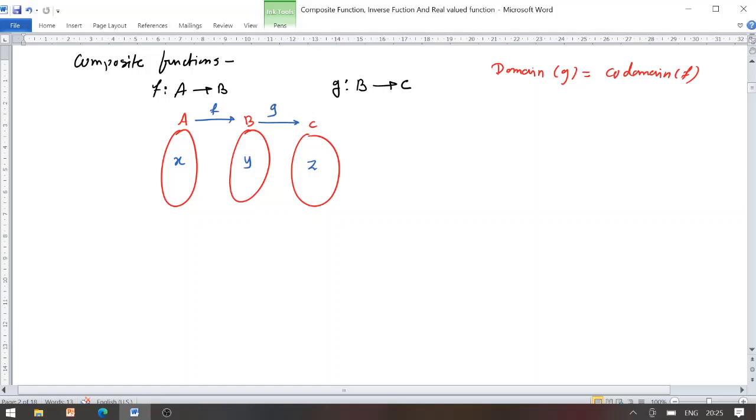Now for any element z from the set C, it has its pre-image y from its domain, that is the set B. So we can write z equals g of y. Now y is the pre-image of element x from the set A. So we might write y equals f of x.